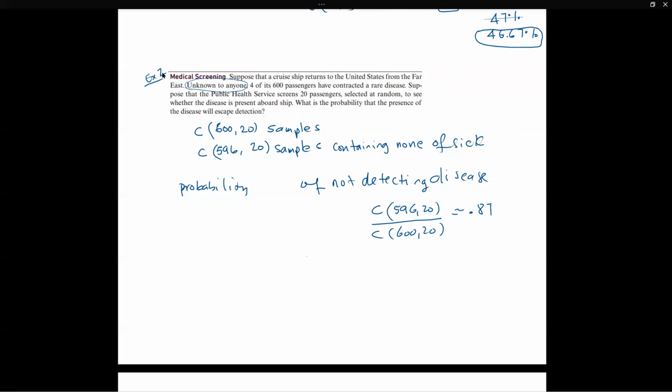Then the probability of not detecting a disease will be, of course, the ratio, and once you put it together, you get 87%, so you make a decision: is that bad or is that good? It's kind of bad because 87% is the likelihood that the presence of the disease will escape detection.